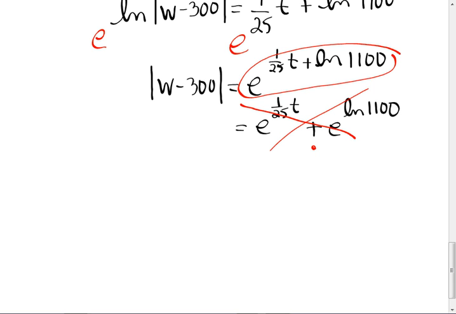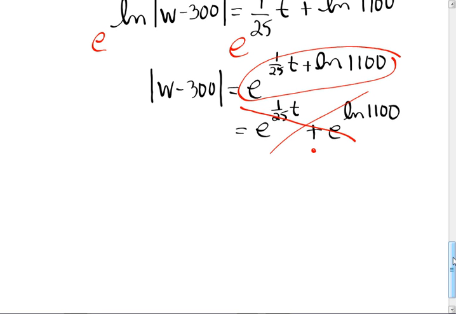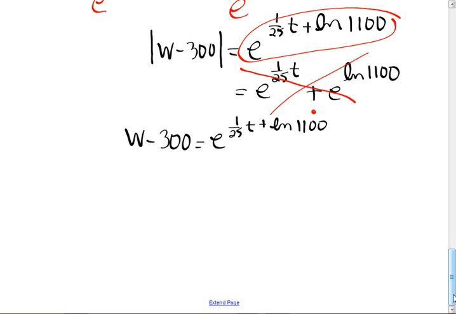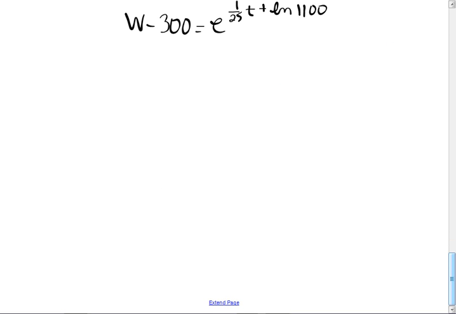So now, how do you solve the absolute value equation? W minus 300, you've got to get rid of the absolute value first. It's equal to e to the 1/25th t plus the log of 1100. Now, if you want to check that right now and not do the negative one, you certainly may. You're not going to get penalized for not considering the negative unless the answer is negative.